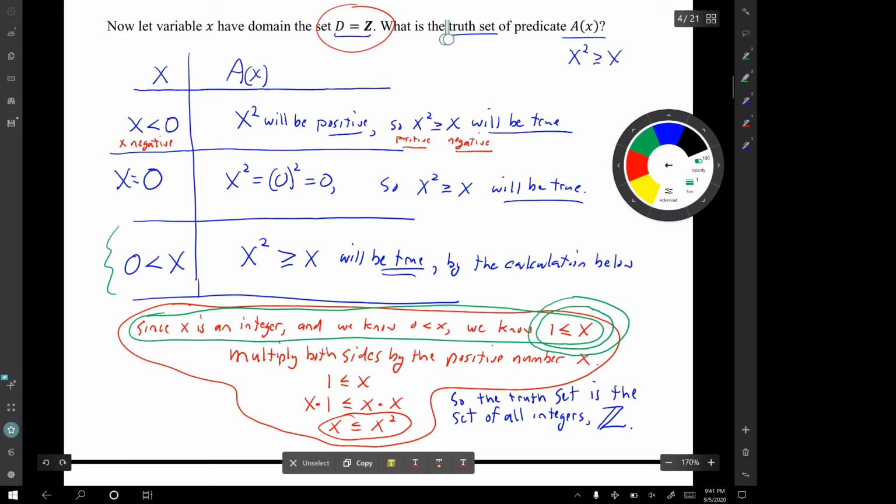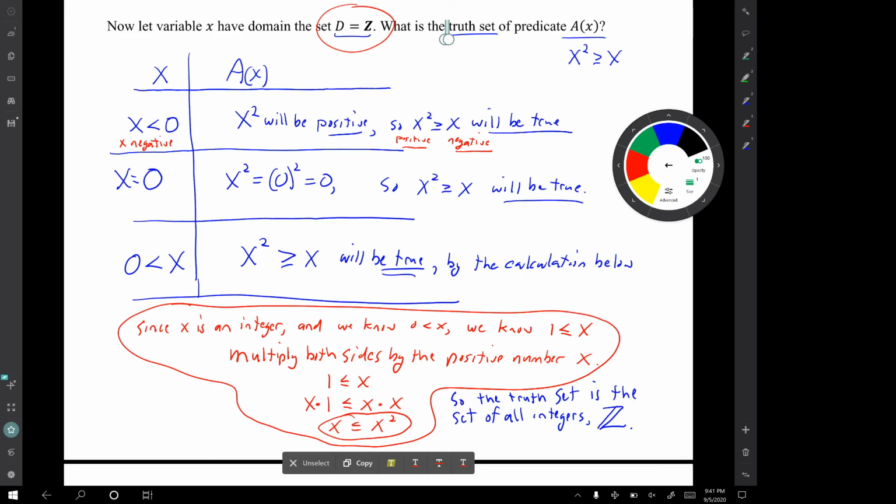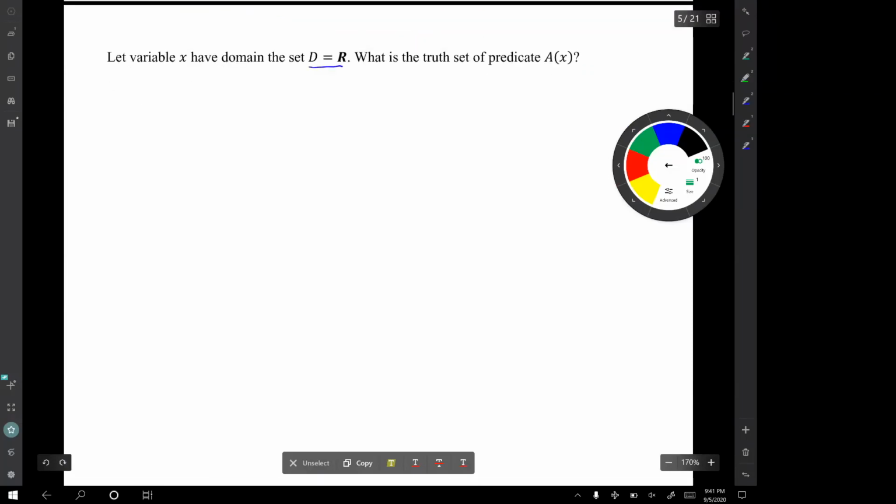Well, we don't know that a positive real number is necessarily going to be greater than 1. We just know that a positive real number is going to be greater than 0. So when we make our truth table, it's going to be a little bit more complicated in this case.